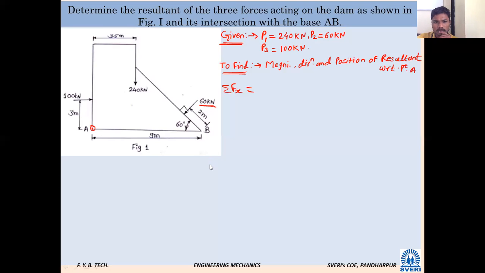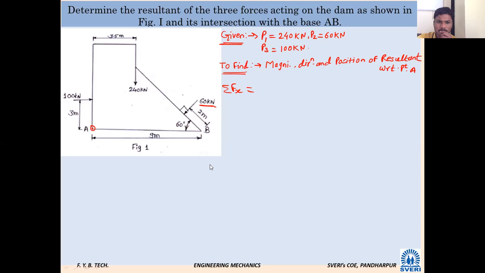Point perpendicular. Hello sir. Tell me. At point B, draw a perpendicular vertical. I'm not getting what you want to tell.